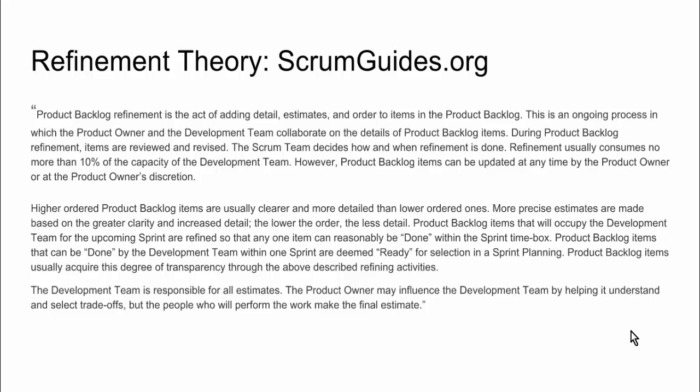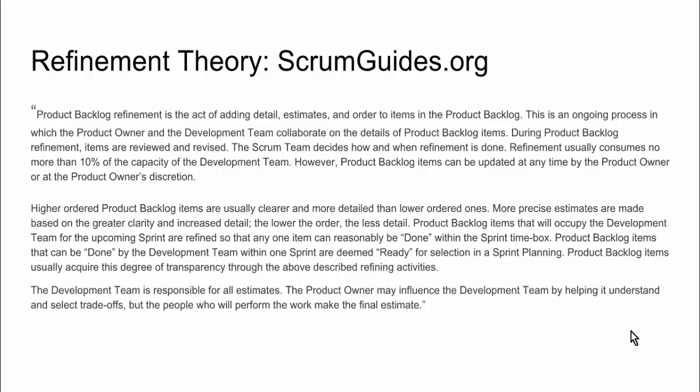And it's critical that any items that the team takes into a sprint can be finished by the team. They meet the definition of done. And typically there's also a definition of ready, which we'll discuss, which indicates when a product backlog item can be taken into a sprint.